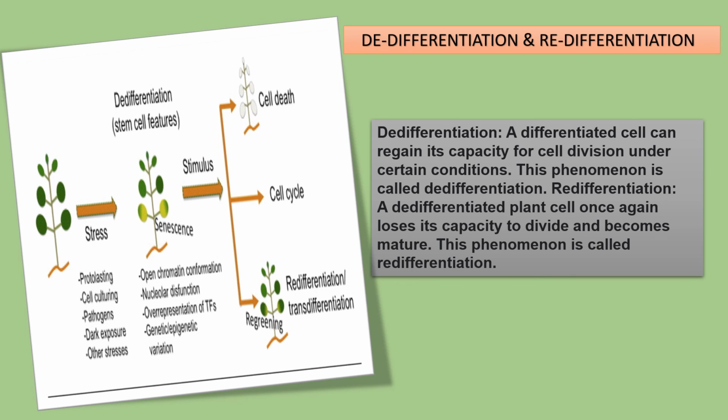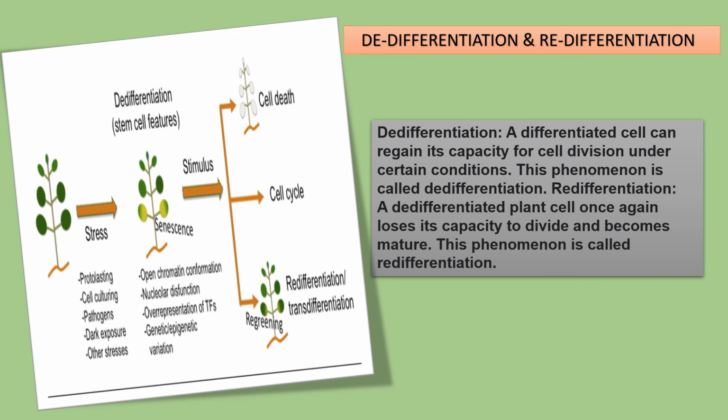Now see the diagram. De-differentiation stem cell features has been clearly shown. A plant, that is you can see under stress and stimulus. Under stress it is developing, but its leaves are becoming yellowish.